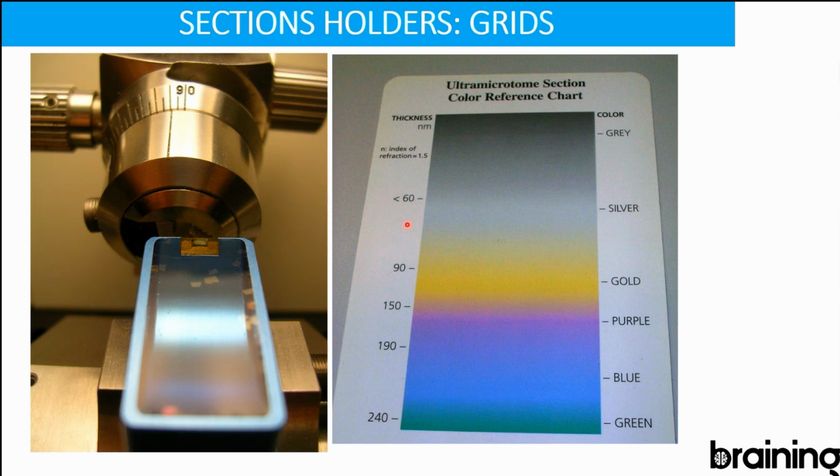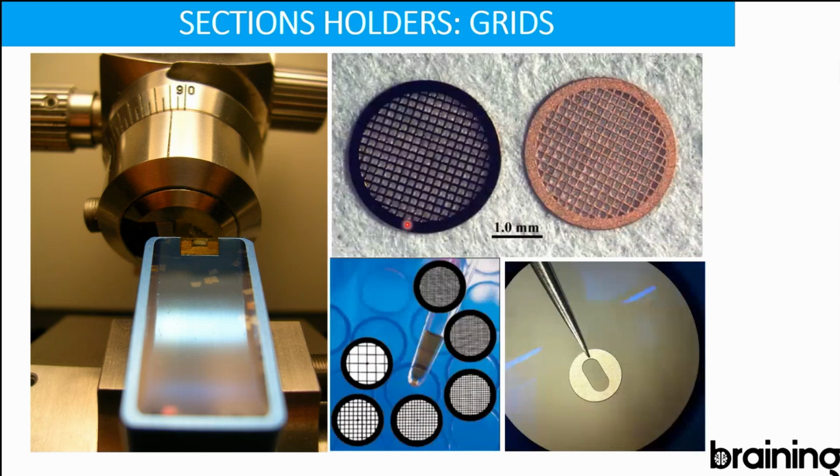So we need to get very thin sections in order to get the electrons passing through our section. Okay, so after we choose the sections that we want to look at the EM level, again, and I repeat, they have to be ultra thin sections from 60 to 90 nanometers thickness.